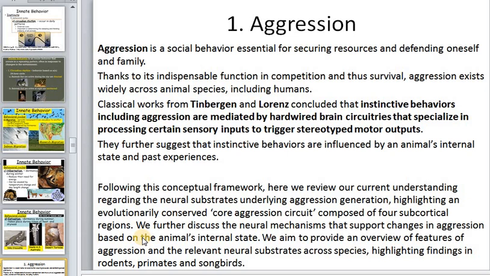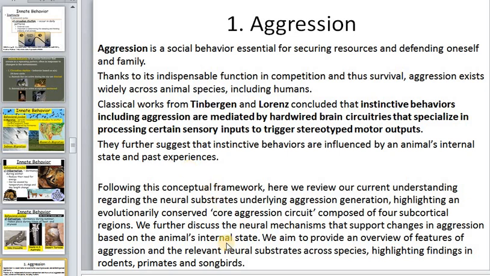Aggression exists widely across animal species, including humans, and classical works from Tinbergen and Lorenz concluded that this behavior, including aggression, is mediated by a hardwired brain specialized in processing certain sensory inputs to trigger stereotypical motor outputs. They further suggest that instinctive behavior is influenced by an animal's internal state and past experience.